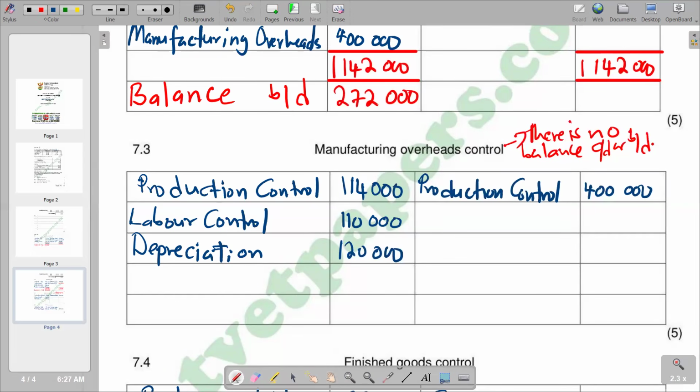So we are going to have our cost of sales, which we can now have our double lines.